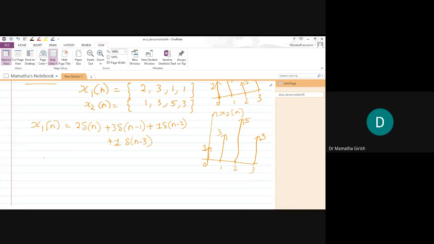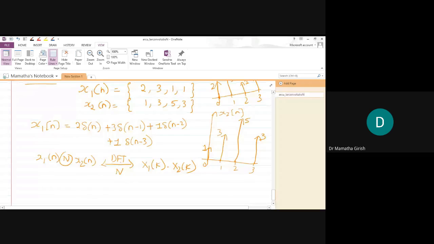If you recall the multiplication property, it states that x1 of n circularly convolved with x2 of n forms an n-point DFT pair with x1 of k multiplied by x2 of k. I'll repeat once again. If I circularly convolve the two sequences in the time domain, it is equivalent to multiplication of the respective DFTs.